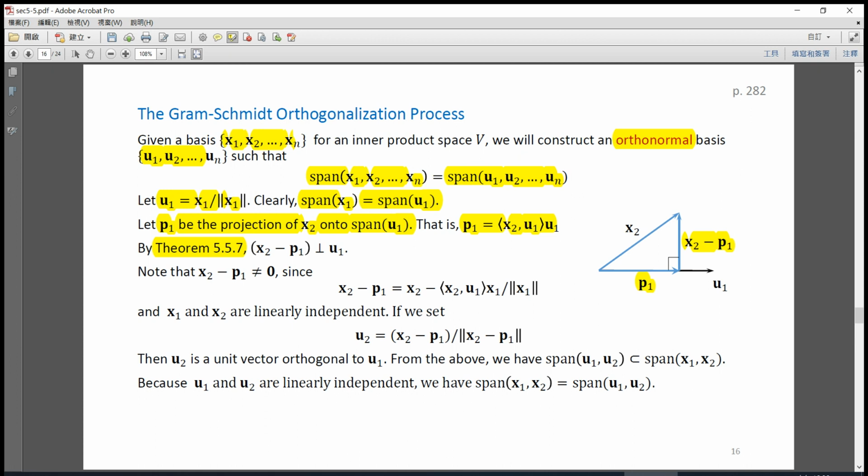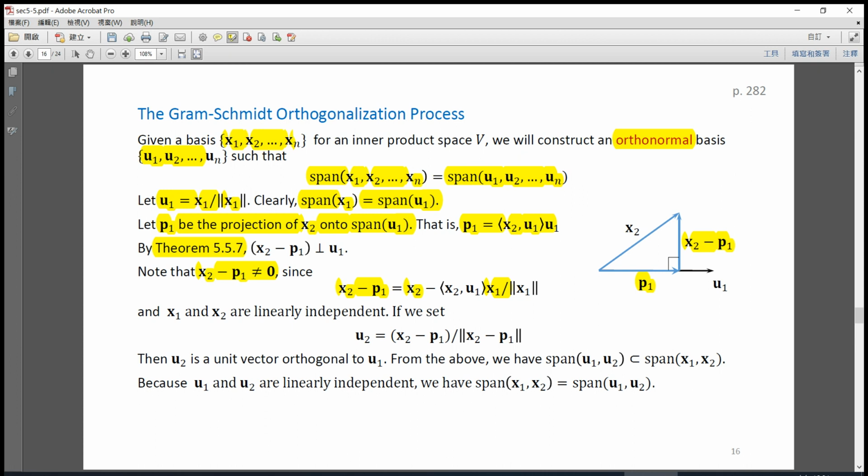And we know that x2 minus p1 is not the zero vector because x2 minus p1 is a linear combination of x2 and x1. We know that x2 minus p1 is x2 minus some scalar times x1, and hence x2 minus p1 is a linear combination of x2 and x1, where the coefficients are not all zeros, and therefore x2 minus p1 is not the zero vector.